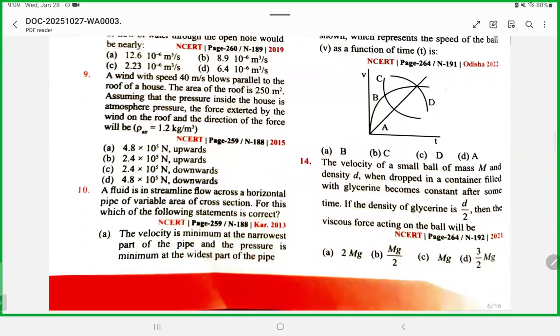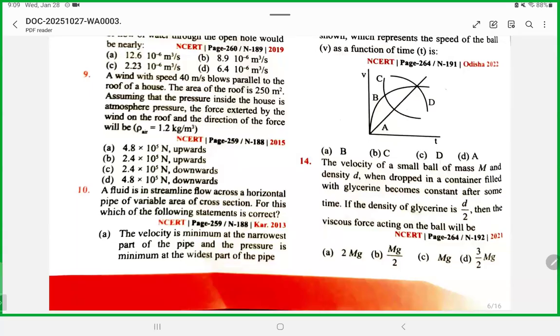Example again, a theoretical question: a fluid is in streamline flow across a horizontal pipe of variable area. Area is different, so velocity will be different. For this, which of the following statements is correct? Complete application of the equation of continuity. If velocity is minimum, it will be the widest part.